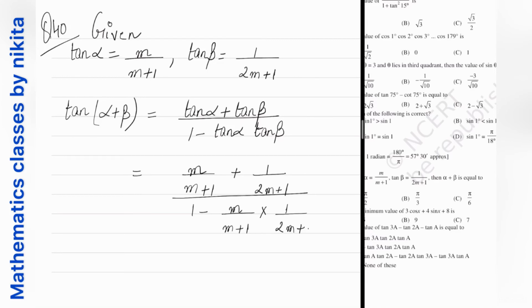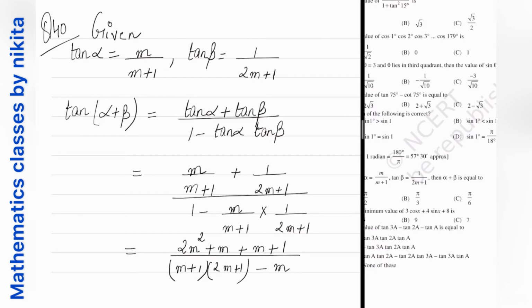Now you just have to simplify this expression. So in the numerator and in the denominator I am taking the LCM. So we will get 2m square plus m plus 1 divided by m plus 1 into 2m plus 1 minus m.